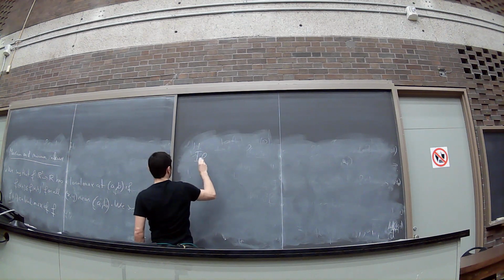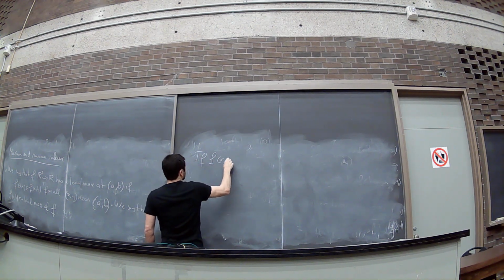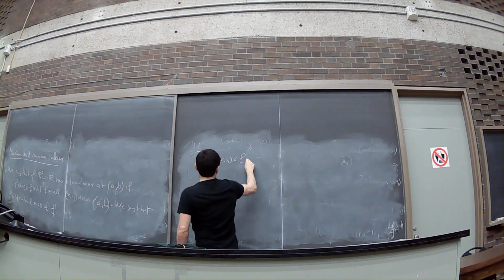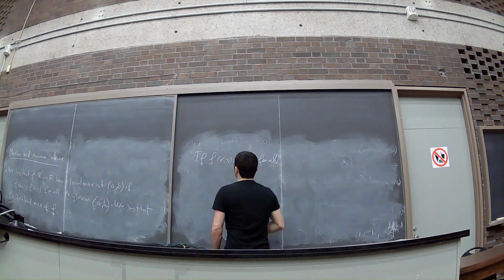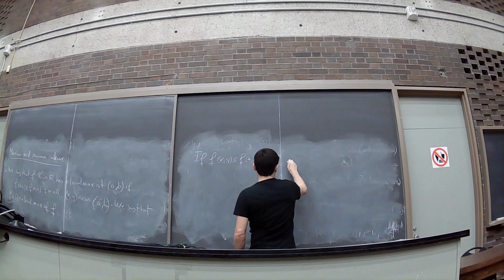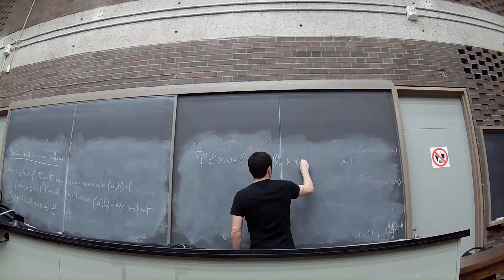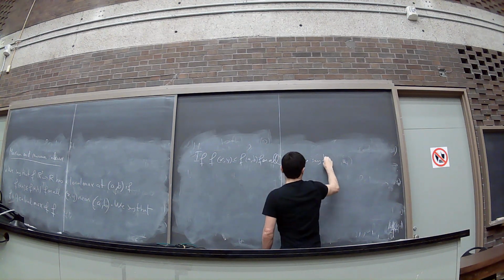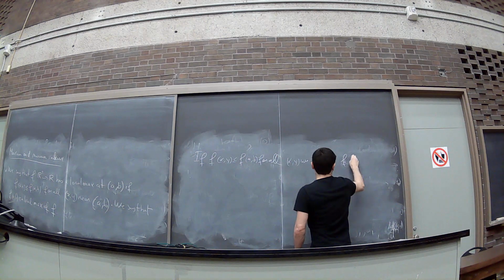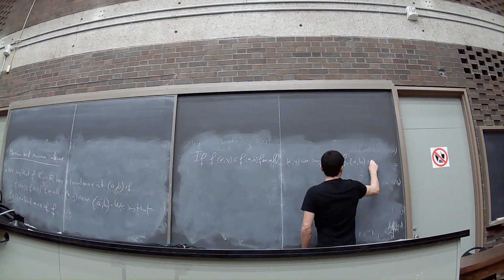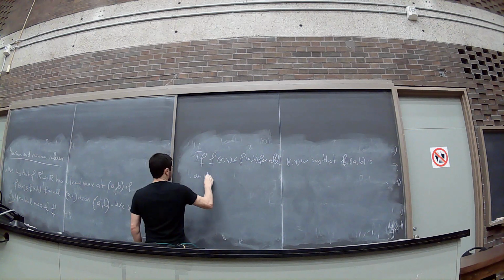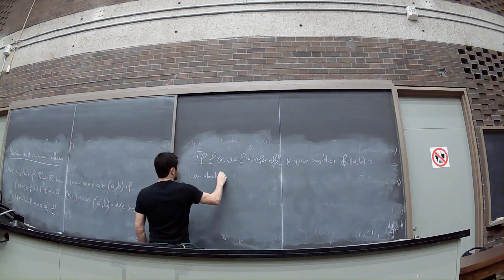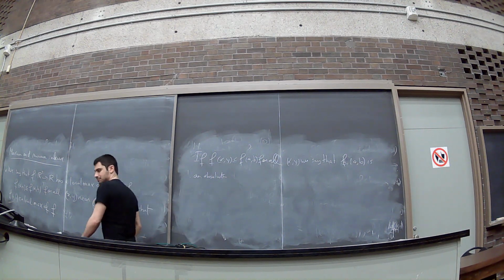If f(x,y) ≤ f(a,b) for all x,y, we say that f(a,b) is an absolute maximum. Obviously, absolute as well.